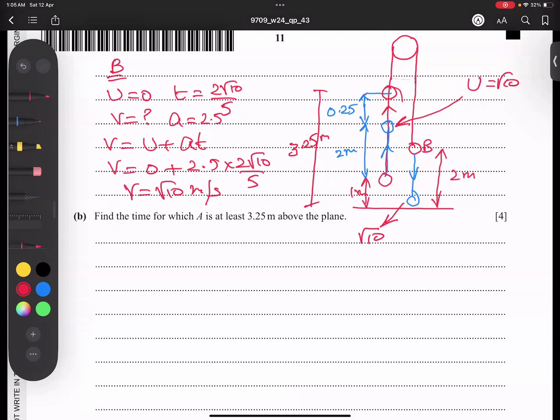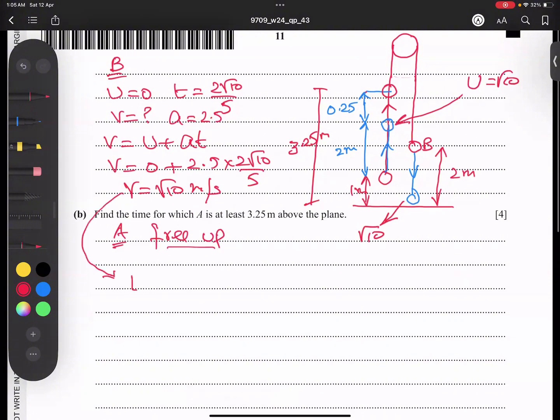So now I talk about the A particle free fall upwards. So A particle is a free fall upward, and this v becomes u. Okay, and s is 0.25, as you can see from here. And gravity, you know, is always negative in free fall. So let's try to find it. s is equal to ut plus half gt squared.